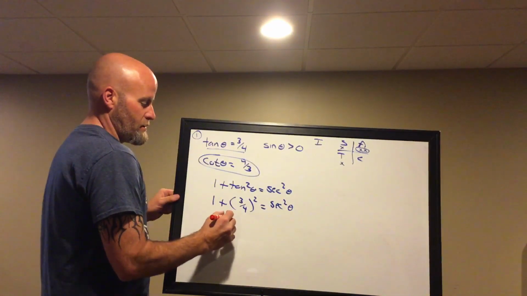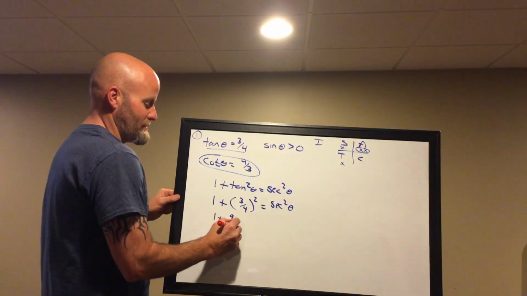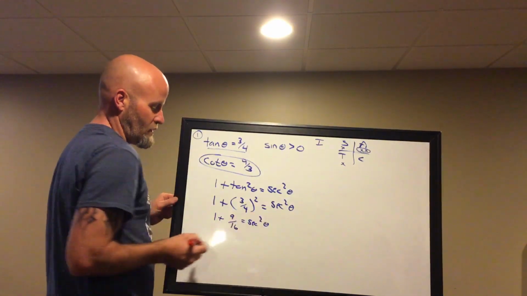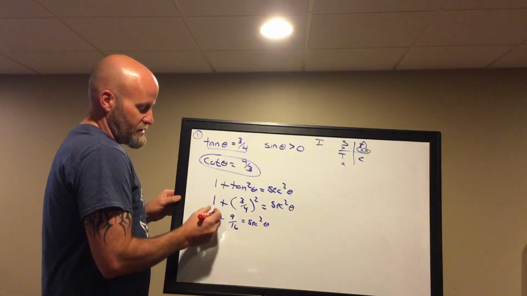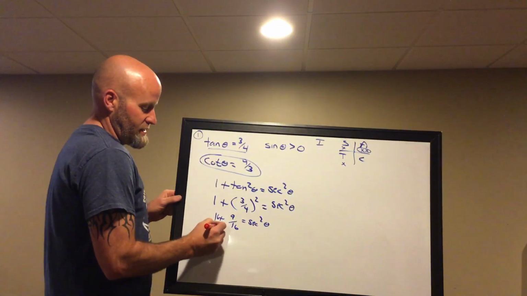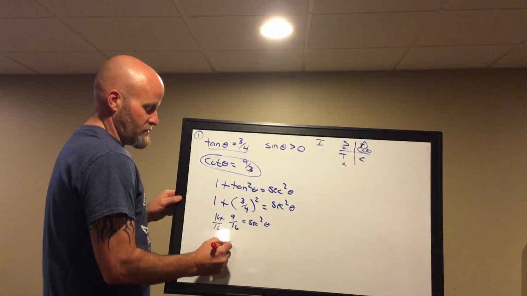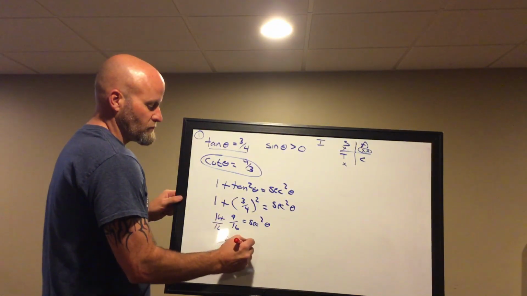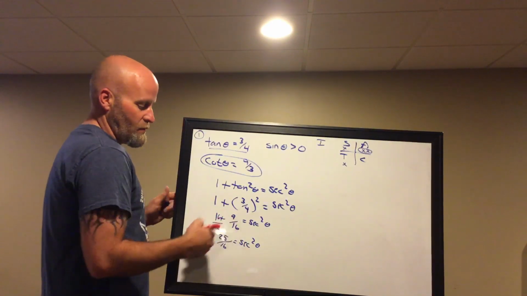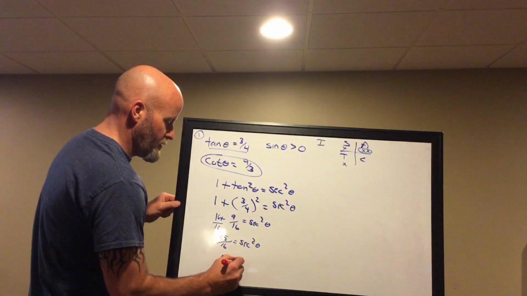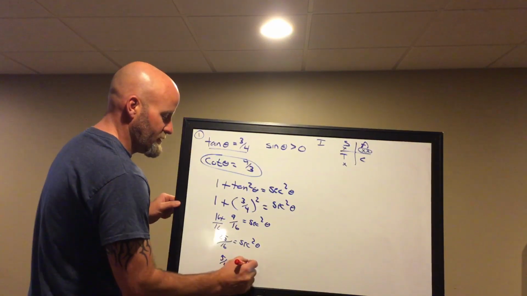3/4 squared is 9/16. Now when I'm adding these fractions here, this one's going to turn into 16/16, which turns into 25/16. And then we're going to square root both sides, so we get 5/4 for secant.